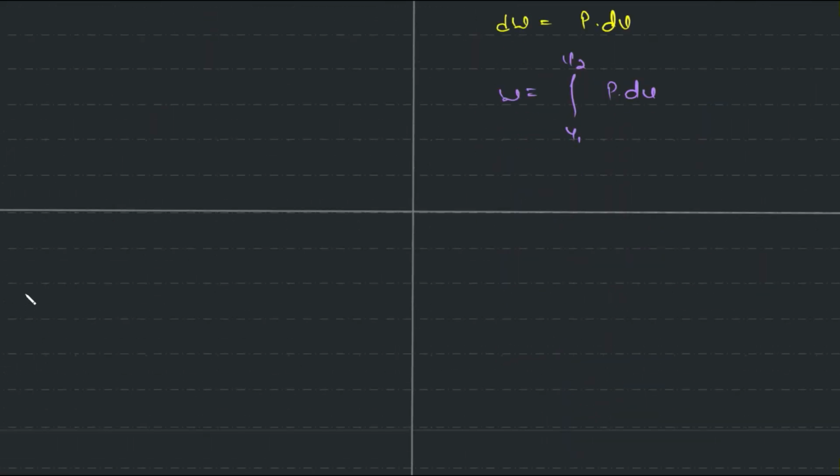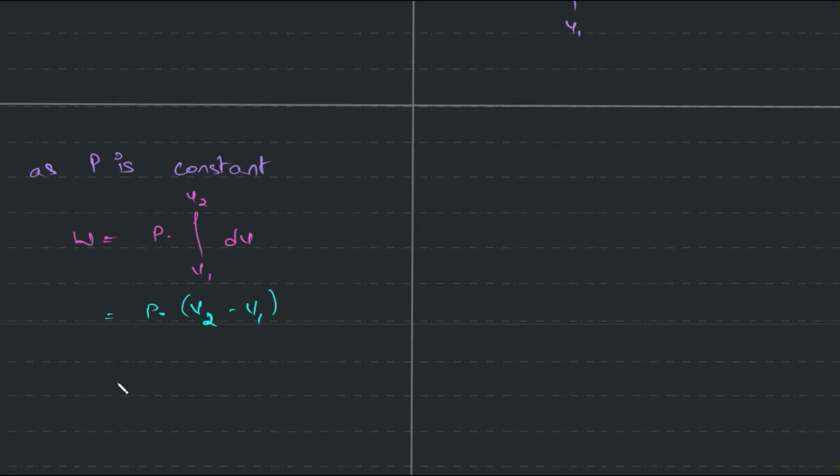As P is constant, it comes out, leaving the integration of just volume. So when you integrate this, we have V2 minus V1. So we can talk about the work done in an isobaric process by looking at the constant pressure and how much the volume has changed.